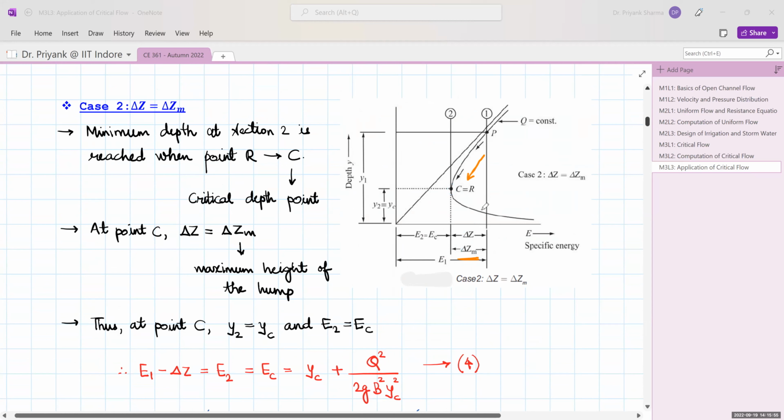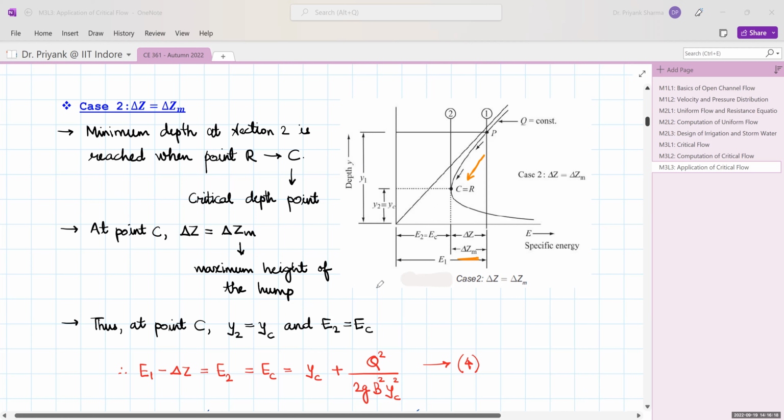So at that particular instant it will meet the critical point. So critical depth is established at section 2. So your y2 will become yc and E2 will become Ec. Okay, so at this point, your delta zm is the maximum height of the hump which is possible without changing the upstream flow depth.